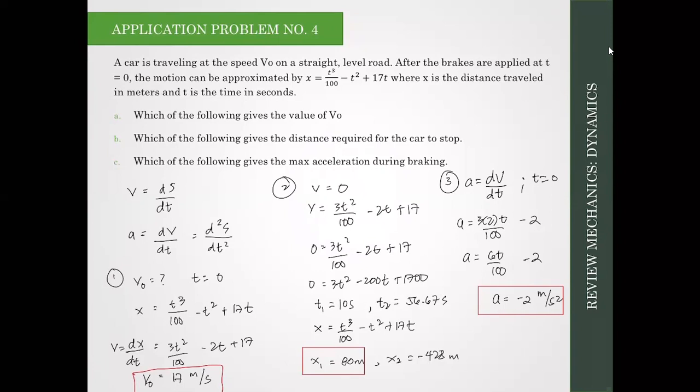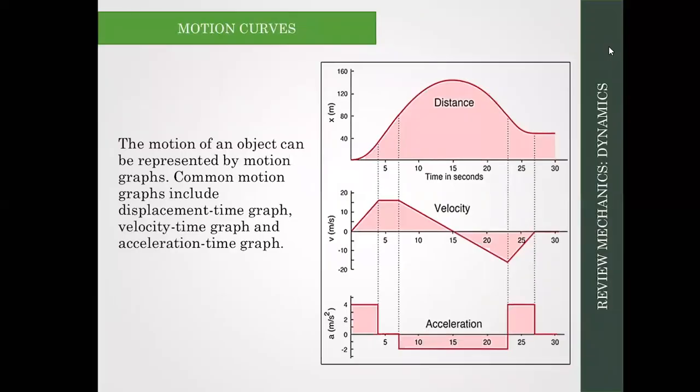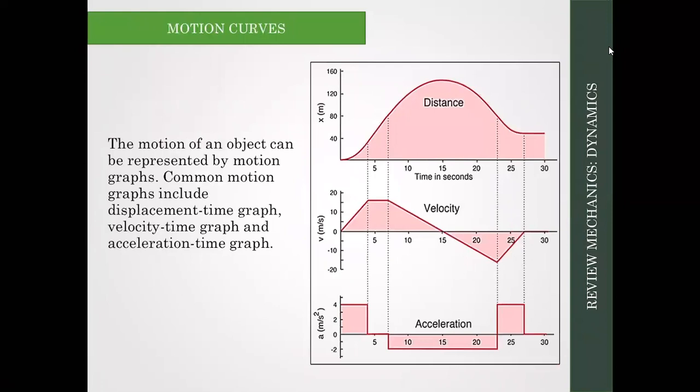And then another type na ginagamit in application kapag rectilinear translation is yung tinatawag nating motion curves, no? So yung motion curves, minsan ang given is yung itsura ng curve as time distance, no? Or velocity distance or acceleration distance na axis.